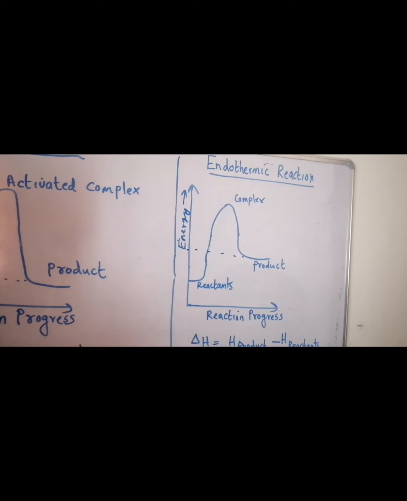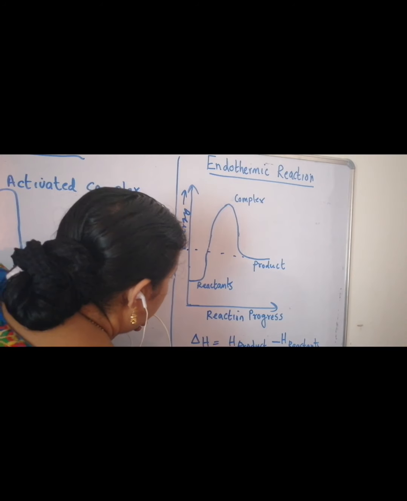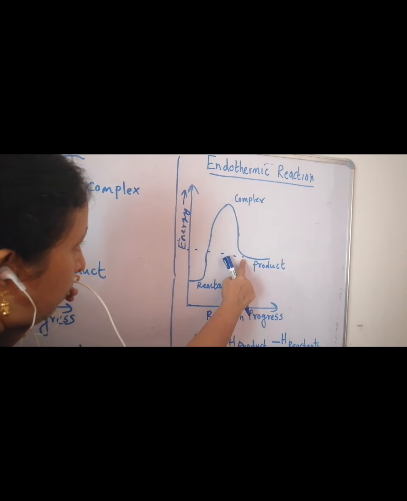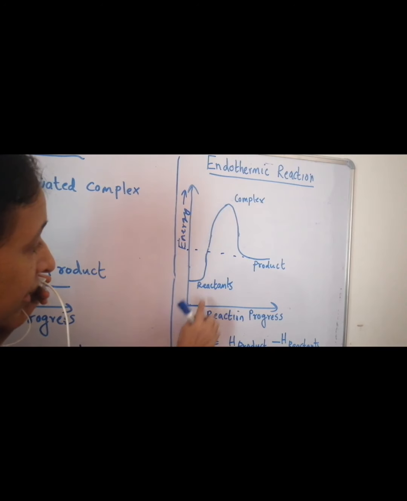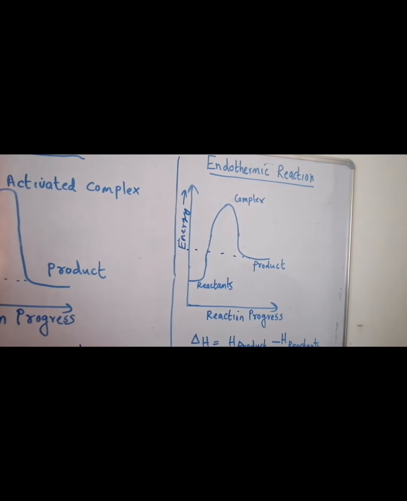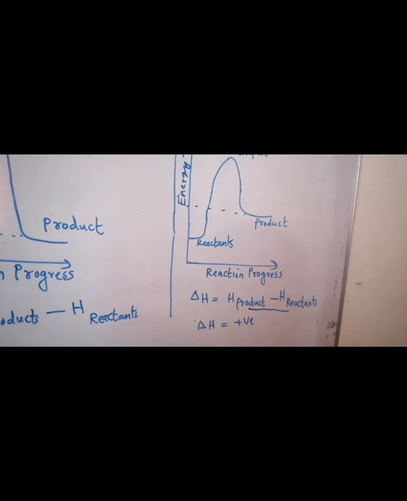Delta H, the change in enthalpy, is enthalpy of the product minus enthalpy of the reactant. As the product has more energy than the reactant, delta H of an endothermic reaction is found to be positive.